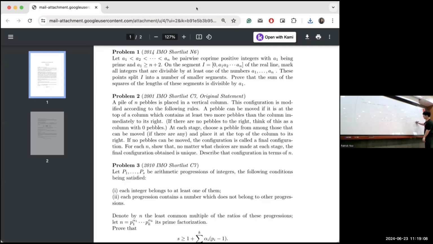And this is because let's say that we had a drop that was larger than 2. So there's a column in between here with k plus 1, so that this distance is larger than or equal to 2.